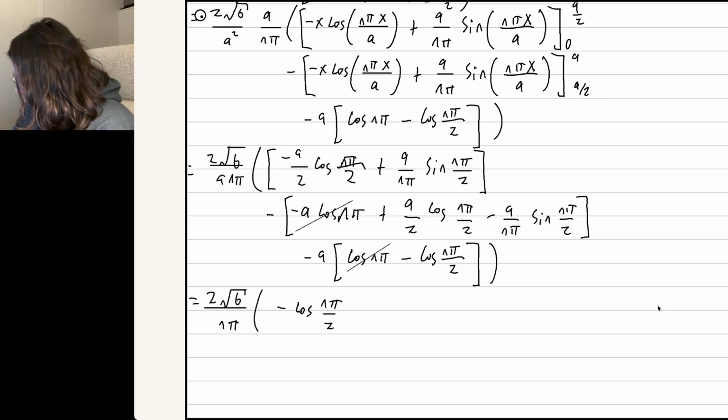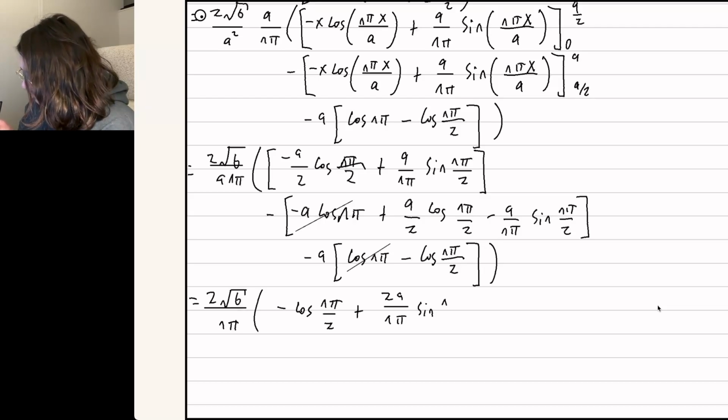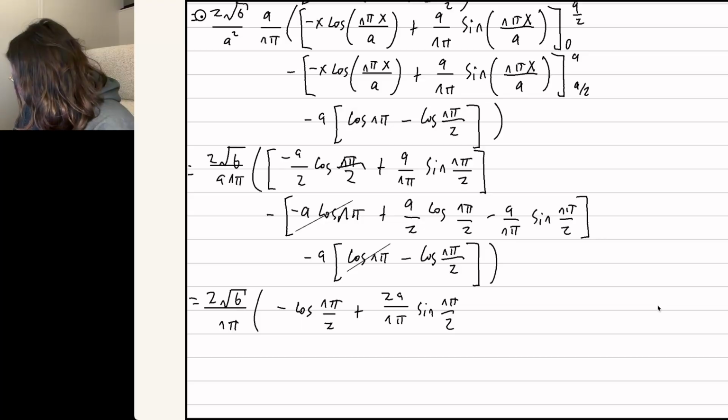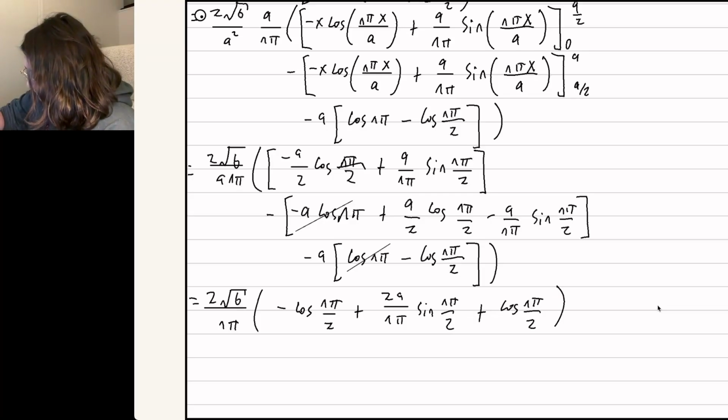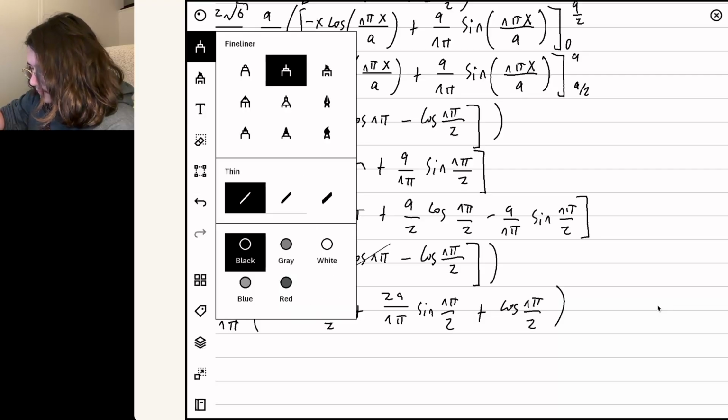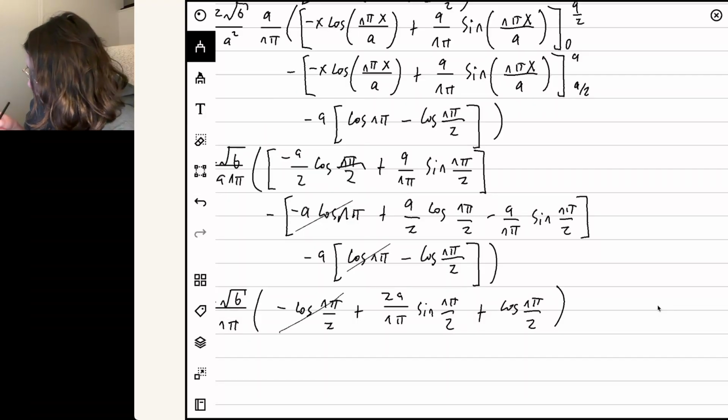We have 2 times a over n pi sine n pi over 2. We have a plus cosine n pi over 2, and I think that's it. Yeah, that's it. Also, in another interesting turn of events, this will cancel out this.